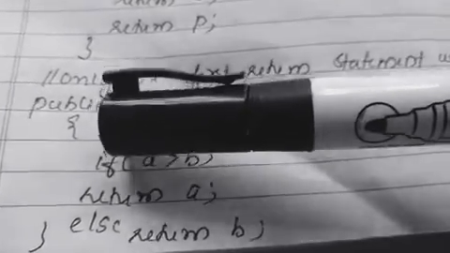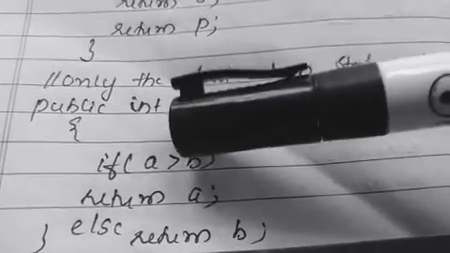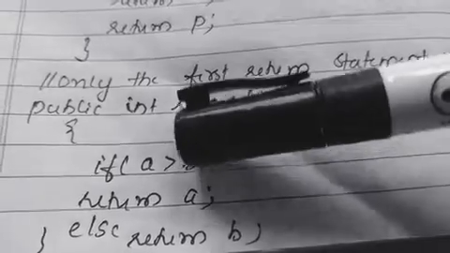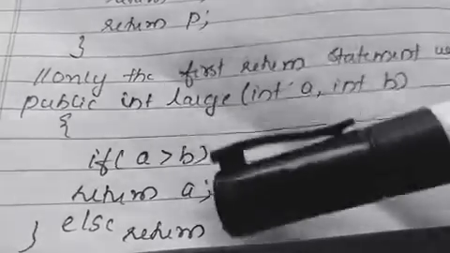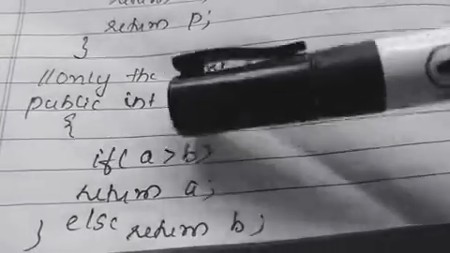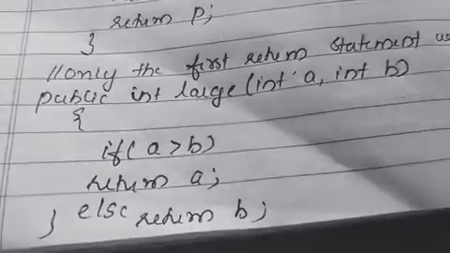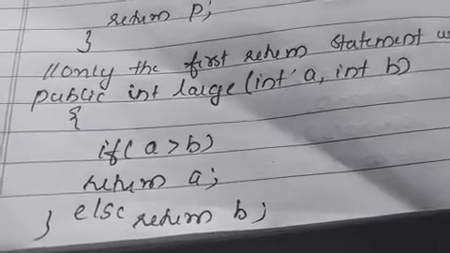Here we have checked a condition by using if else: if a greater than b, and the condition is true, we should return the value of a. The return type of a is integer. Else return b. So in this type of case, we can use the return statement more than once.